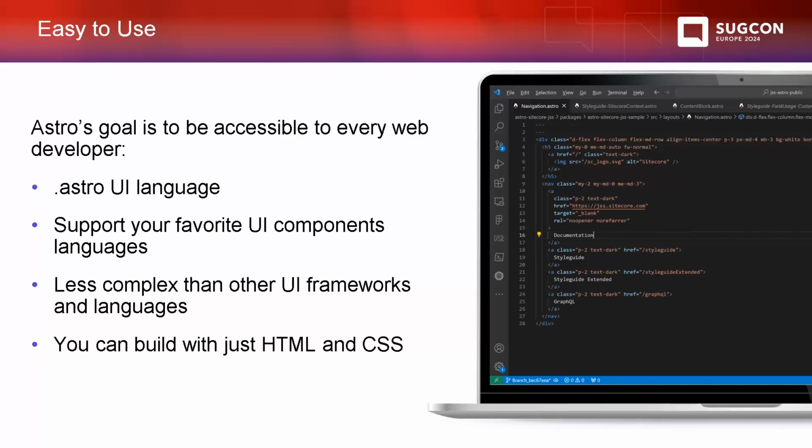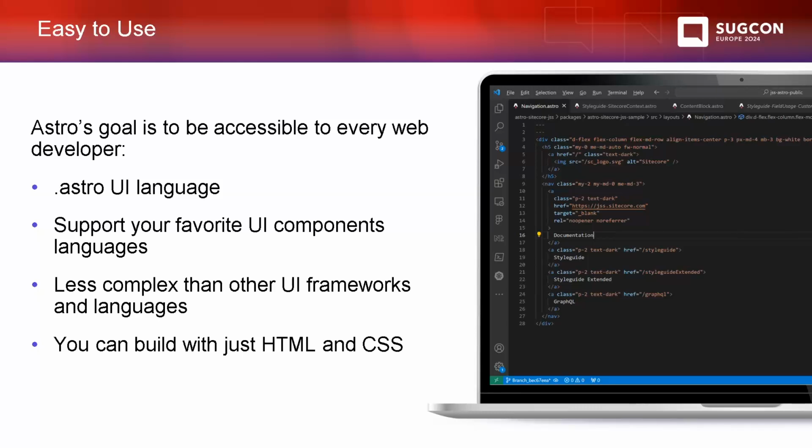Astro was designed to feel familiar regardless of skill level or past experience in web development. I'm a backend developer, and I was working with backend code most of my life. Probably the same as you, if you have been in Sitecore development for quite a long time, right? But it took me just about one hour to start with Astro.